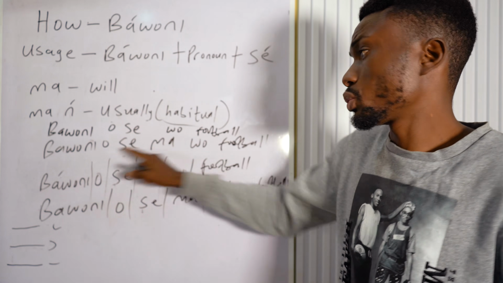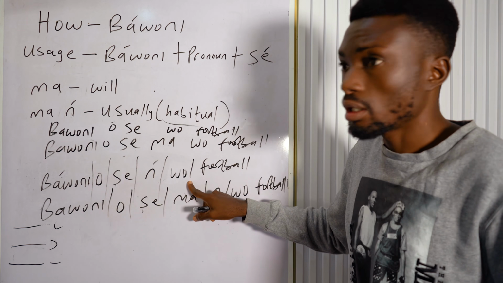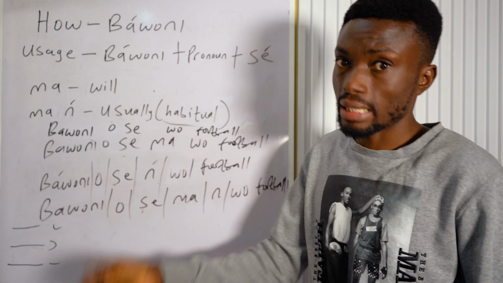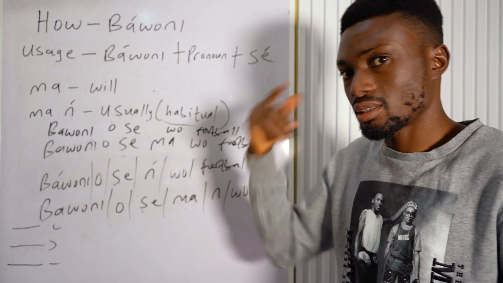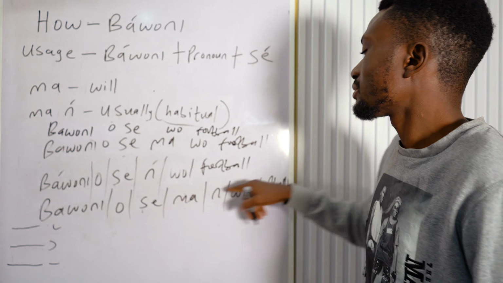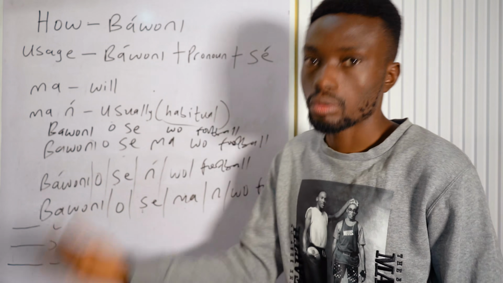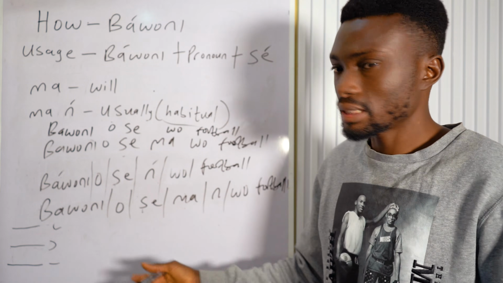How will you cook? Báwo ni o ṣe ń dáná. How are you cooking? It may not really make sense that much. I don't know. Báwo ni o ṣe máa ń dáná. How do you cook? Or how did you usually cook? So you can see the differences.